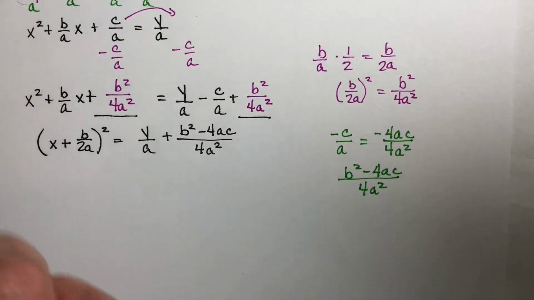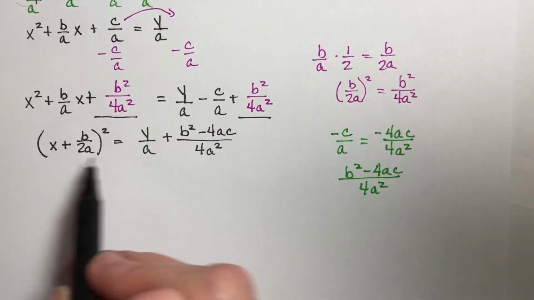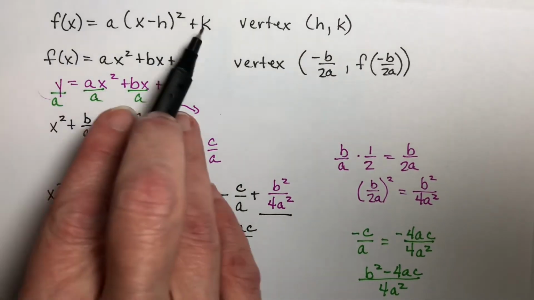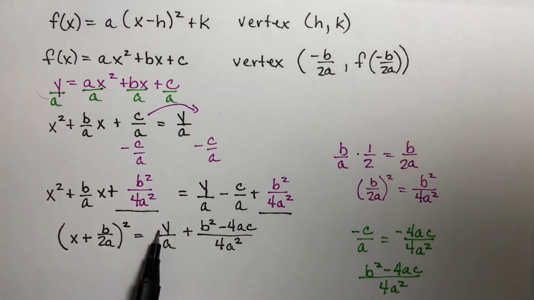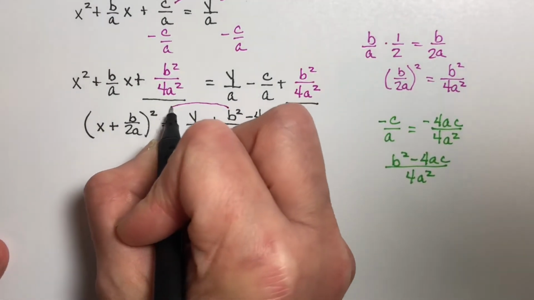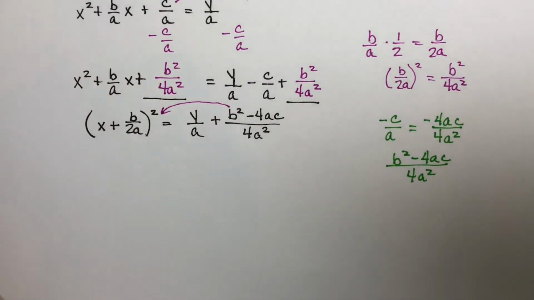Now, what we've done is we've completed the square. We're getting towards this form, but we need f(x) equal to, which really means getting my y back alone. So I'm going to move all of this over to this side by subtracting.